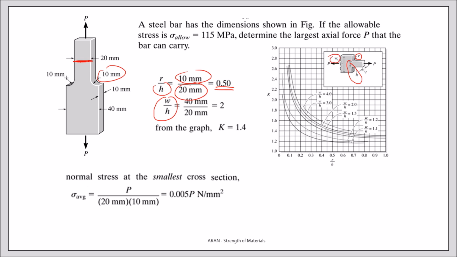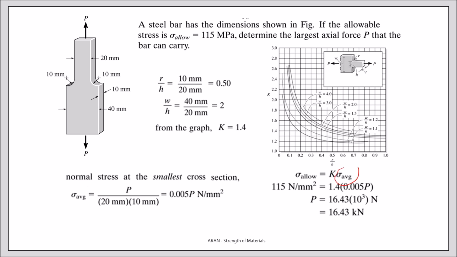It is 40 divided by 20. It is how much? 2. So let's start here. Here I start with 0.5 and go up to this curve. This curve looks like this, and we are here. When I go to the left, it's approximately 1.4.